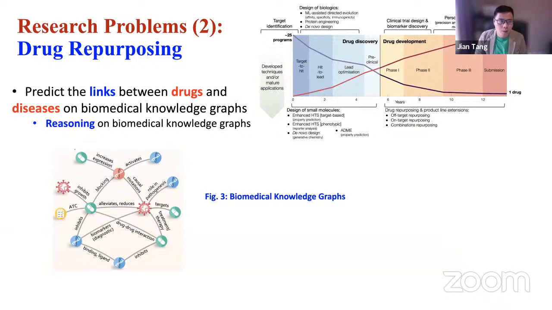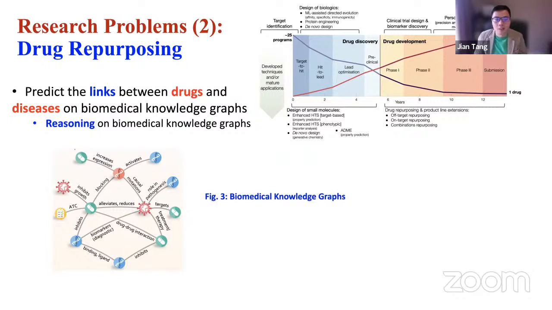I'm going to briefly mention the second part, which is about drug repurposing. As I said in the beginning, we are trying to predict the links between the drugs and the disease using a biomedical knowledge graph. Maybe you wonder why this is useful, and what the intuition is. Let's say there's a new disease, SARS-CoV-2, and another similar disease, SARS-CoV.